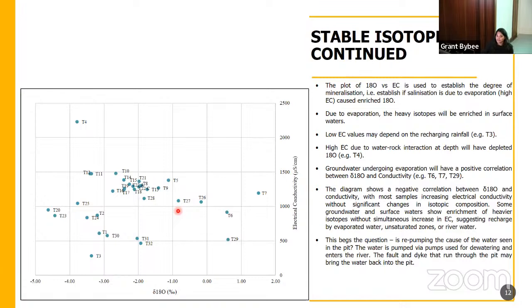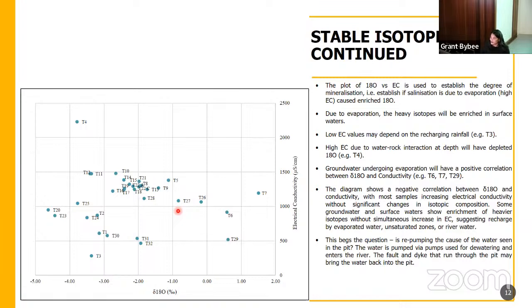However, the problem is that high EC can also be associated with increased water-rock interaction. So when your waters go or descend along lineaments, they react with the composition of the rocks around them, and it increases their isotope signature.